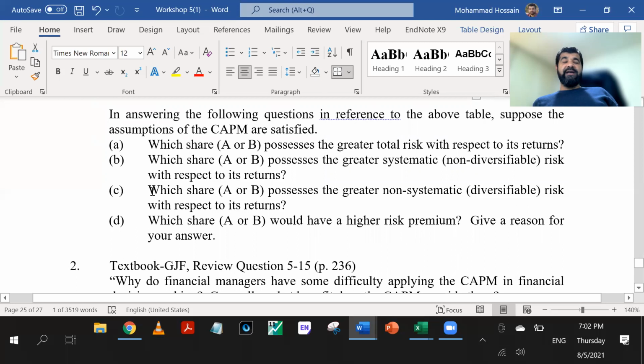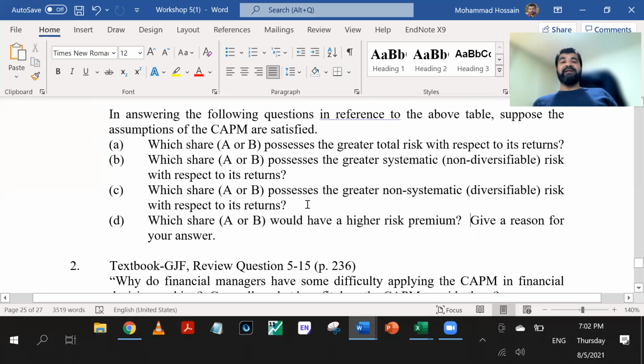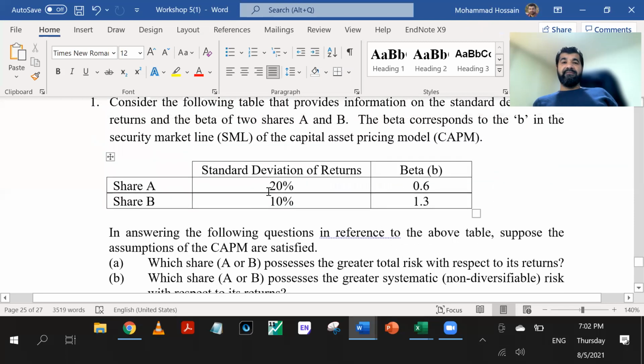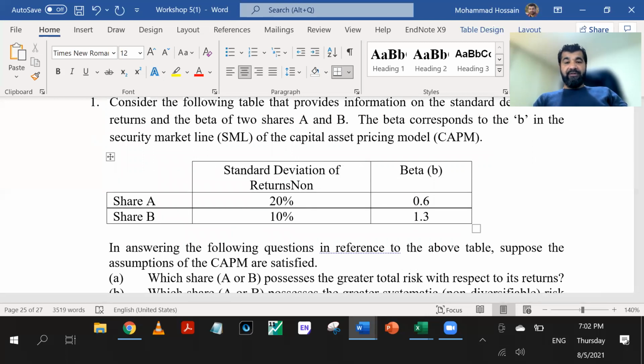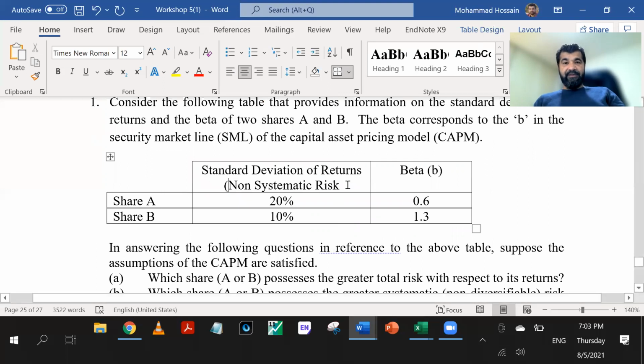Now, which share, A or B, possesses the greater non-systematic diversifiable risk with respect to the return? Look, standard deviation, we'll write it down. Non-systematic. Easy, easy.